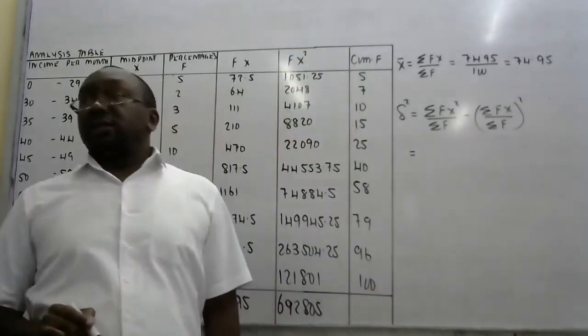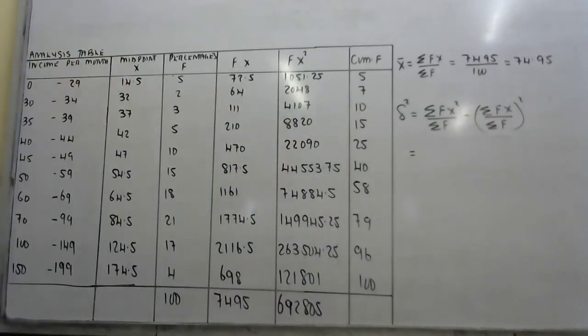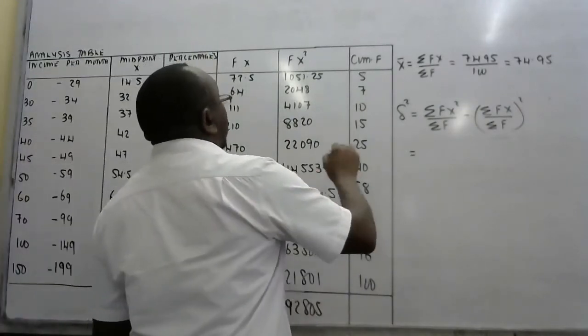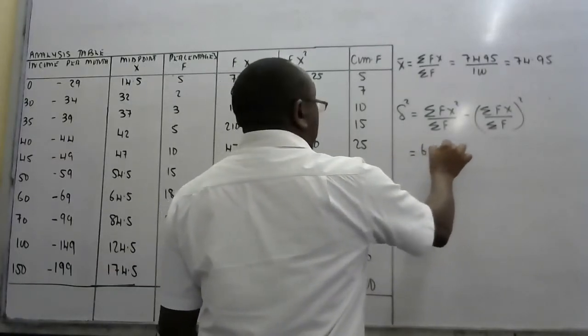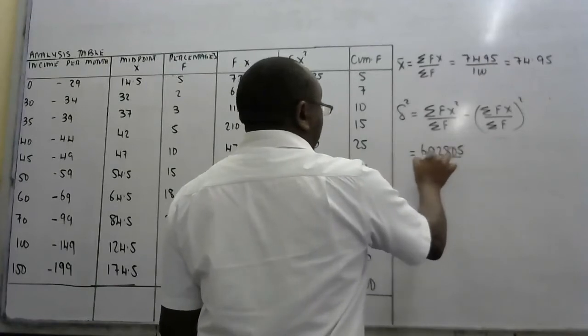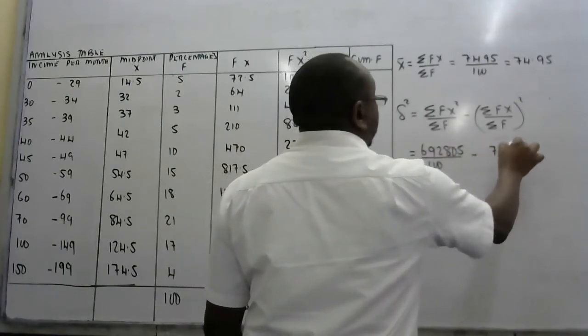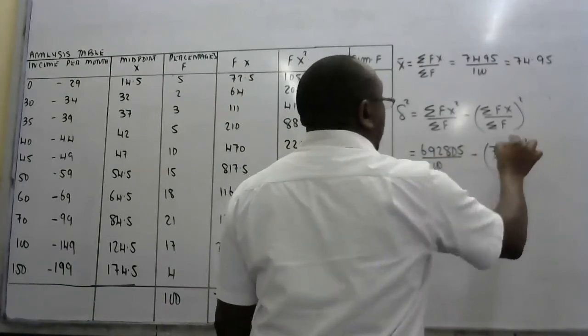All of that is square. So the sum of fx square is 692,805 divided by 100 minus 7495 divided by 100, to square that.